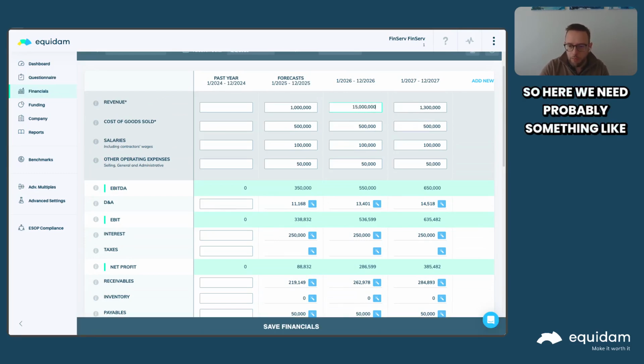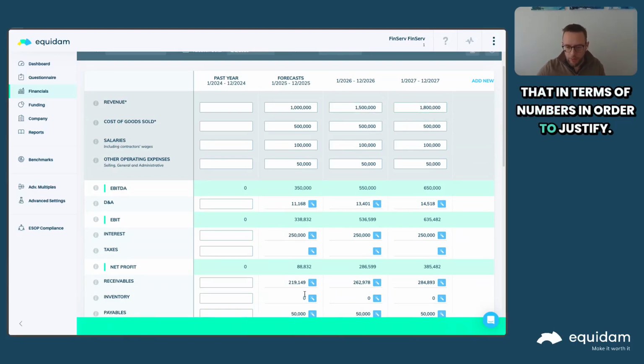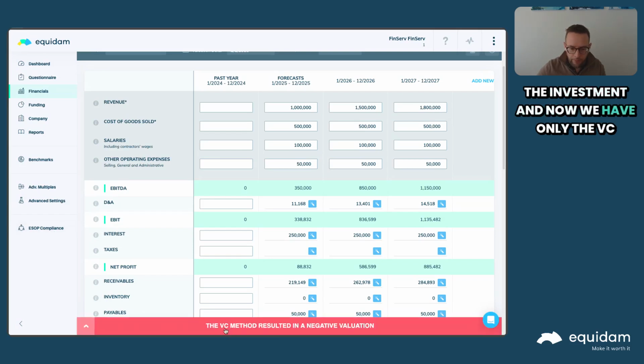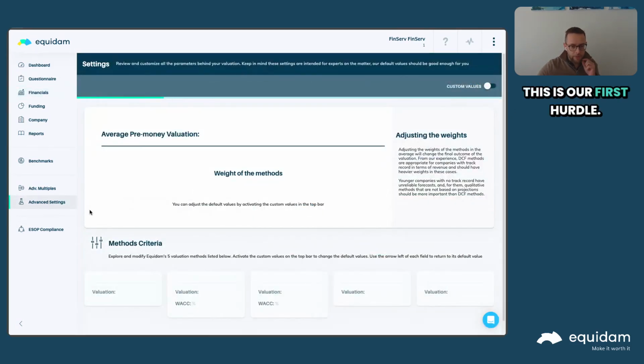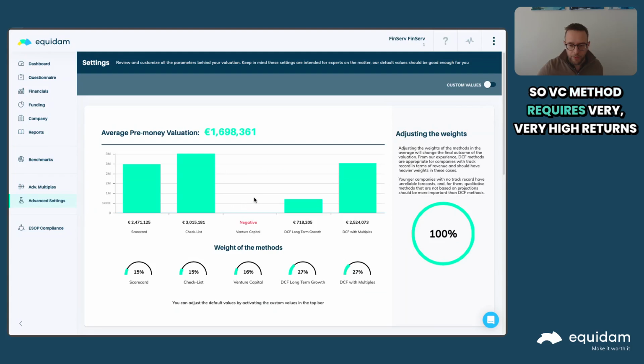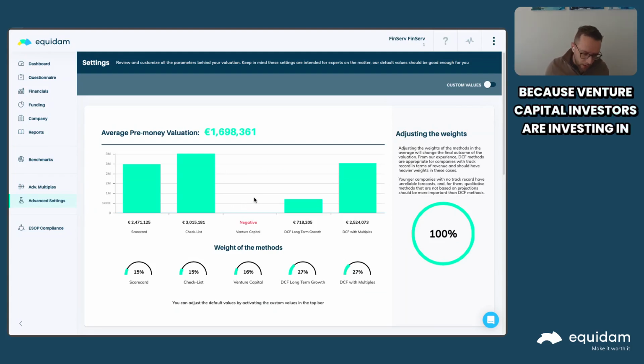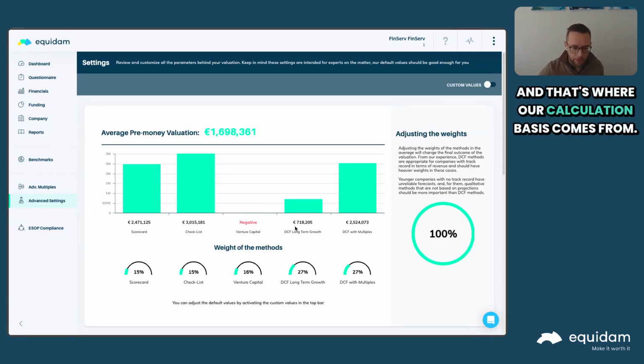Here we need probably something like that, and here something like that in terms of numbers in order to justify the investment. Now we have only the VC method negative. This is our first hurdle. The VC method requires very high returns because venture capital investors are investing in high-risk companies that have high returns, and that's where our calculation basis comes from.